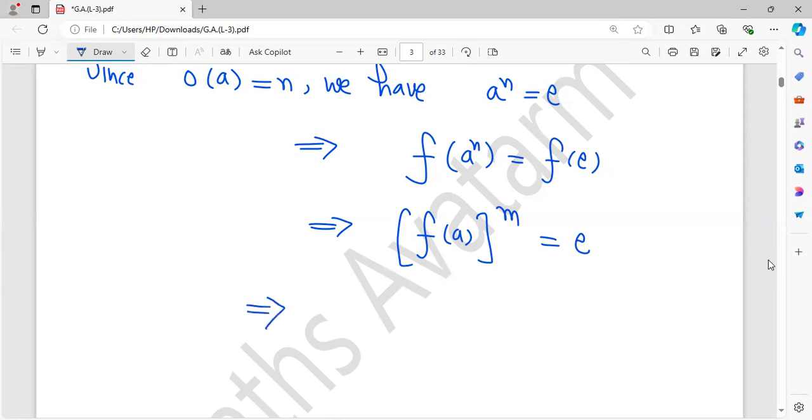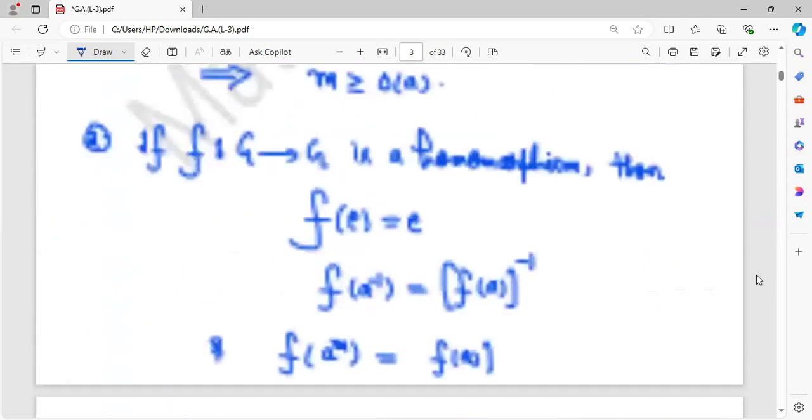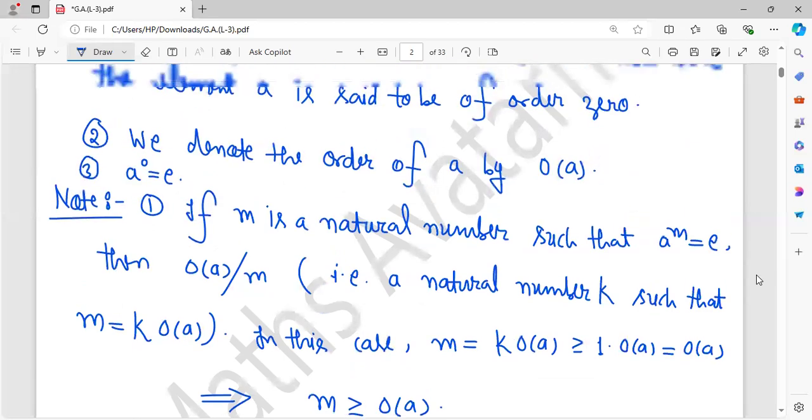What does this imply? It implies that n is greater than or equal to order of f(a), because we can use the fact I already told: if m is a natural number and a to the power m is e, then the order is always less than or equal to that number.